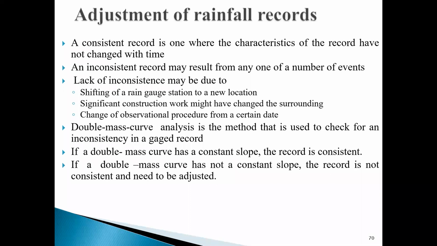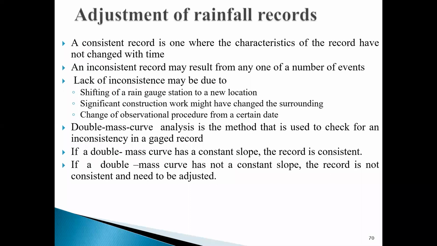So, in order to adjust the rainfall record at a particular rain gauge station, let us consider an area where you have n number of rain gauge stations, say around 19. In one of them, the rainfall record is available, but there is a change in the trend of the rainfall recorded at that station.